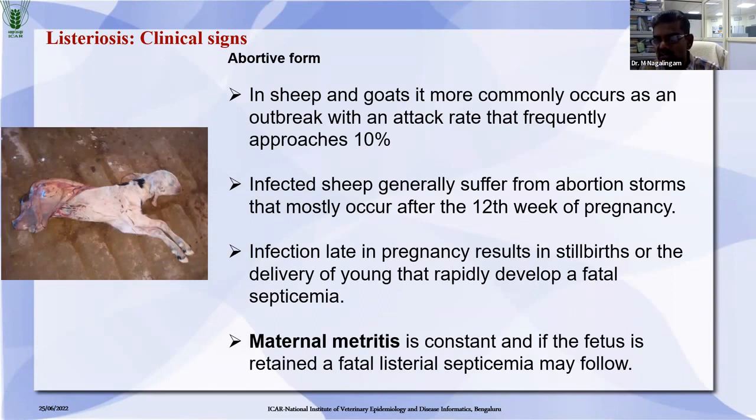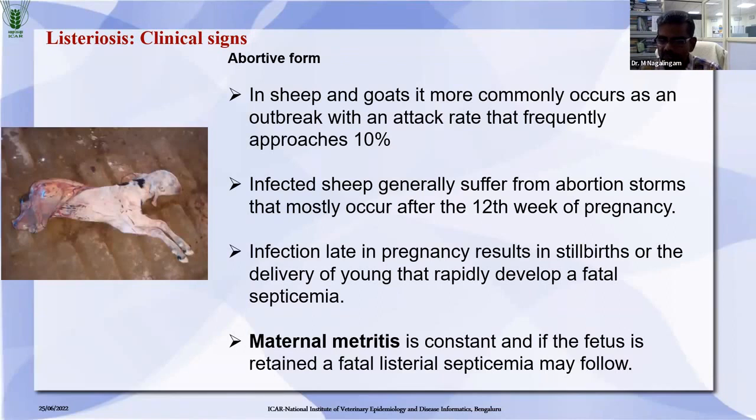This abortion starts from the 12th week of pregnancy, and mostly it is noticed in the terminal period. If the infection occurs in the later part of the pregnancy, when the animal is about to deliver, and it gets infected during that time, then the possibility of stillbirth is there.